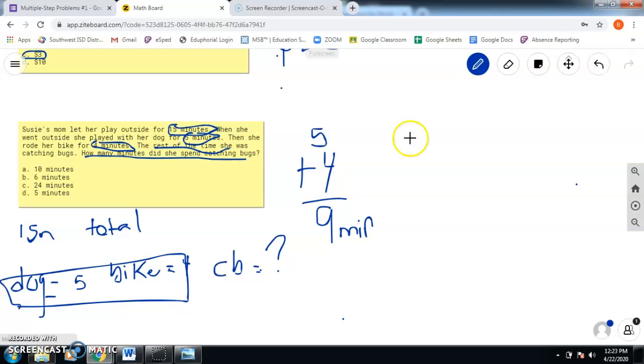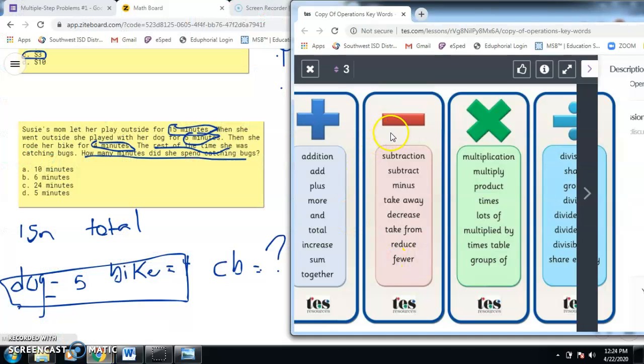Okay, now we move on to the next step. How do we find how many minutes she spent catching bugs? We know we had 15 minutes in total, and then we know that we had already used 9 minutes. Okay, so then what operation could we use to find the difference between those? Okay, difference, taking away, decrease, those fall under subtraction.